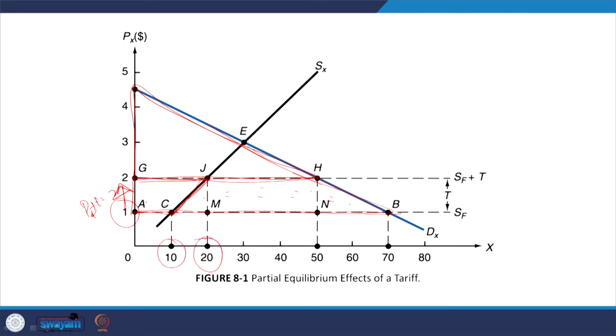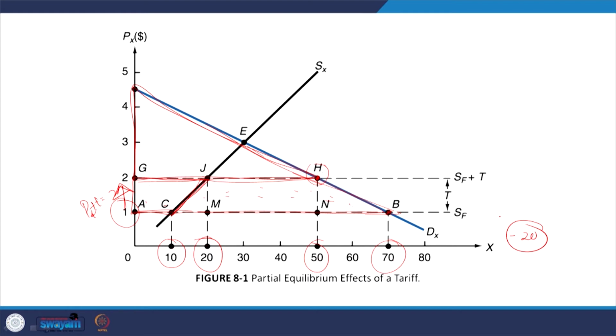So, 10 to 20 is basically called the production effect, whereas for the consumption effect, initially consumers are consuming 70 units, and now due to the tariff the new consumption is 50. So, 70 minus 50 is the consumption effect. So, basically there is less consumption.